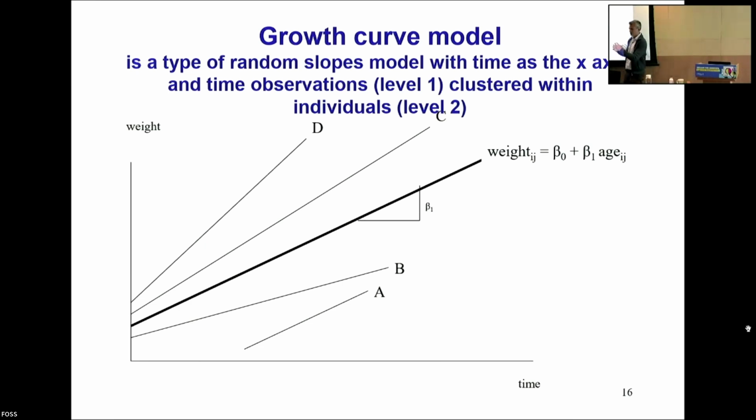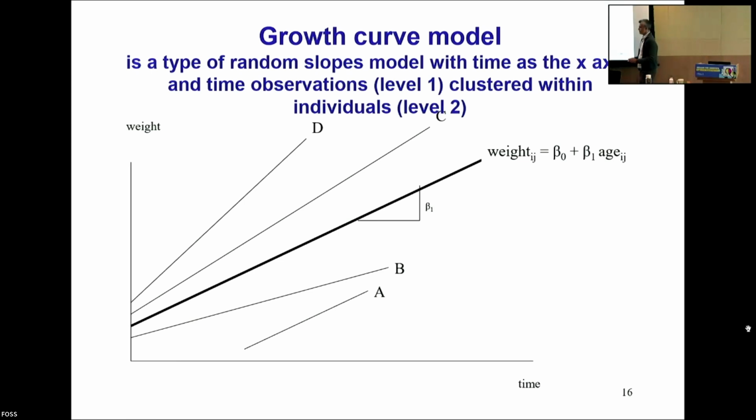So the period of observation becomes the lowest level, and the individual becomes level 2. That's the other interesting thing about growth curve models, we're having the time unit as level 1. But in terms of specifying the multi-level model, it's exactly the same.